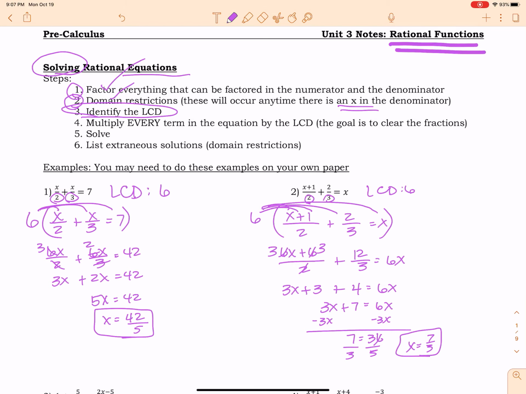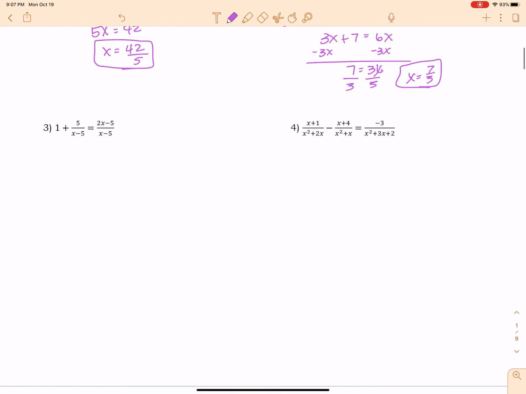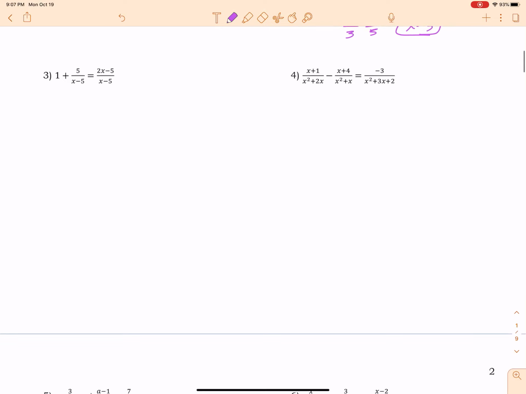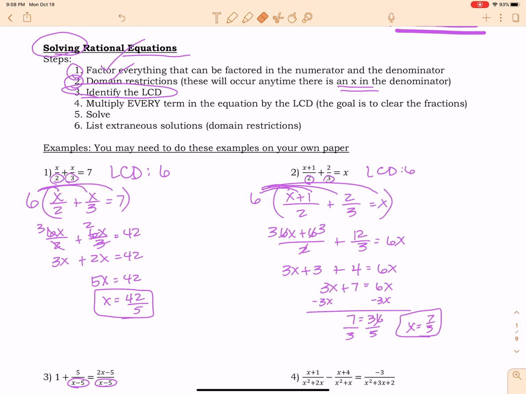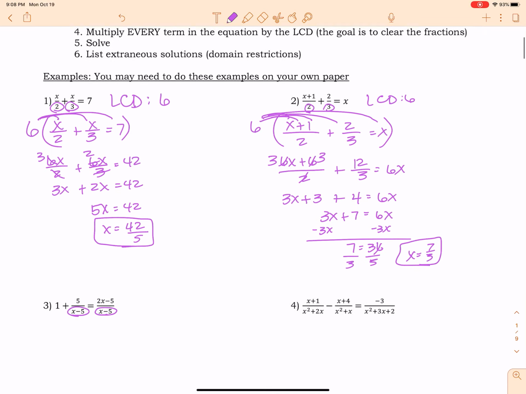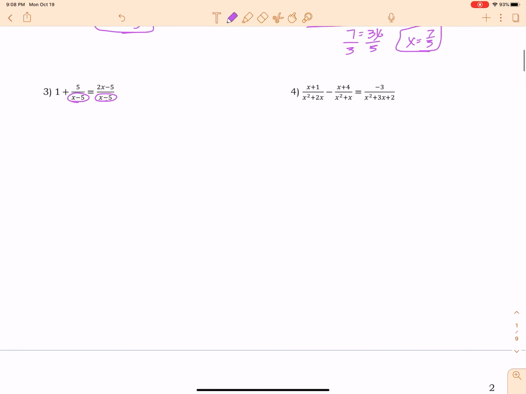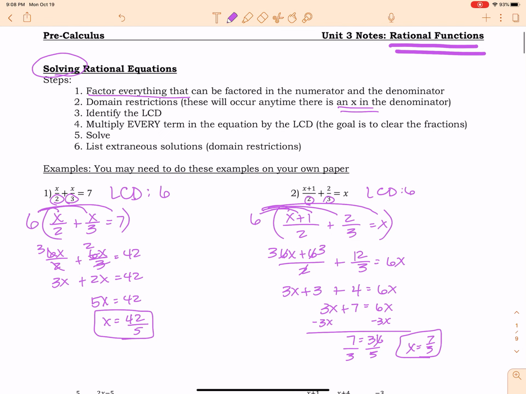Okay, excellent. All right, so as I move through here, now we're going to look at a little bit different situation because now we do have in our denominator something that has a variable. So go back to your list of steps. Factor everything that can be factored. Well, there's nothing here that will factor, but the next step tells me to look for domain restrictions.